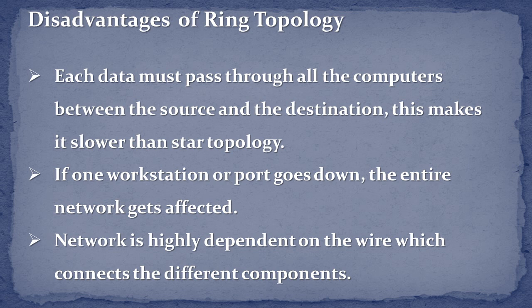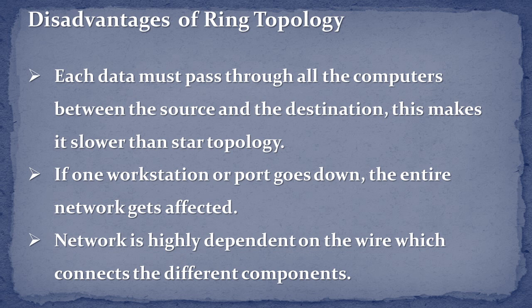Each data must pass through all the computers between the source and the destination. This makes it slower than star topology. As you have seen in the diagram, ring topology creates a closed loop. It means every computer is connected to other nodes, so it slows the data speed.